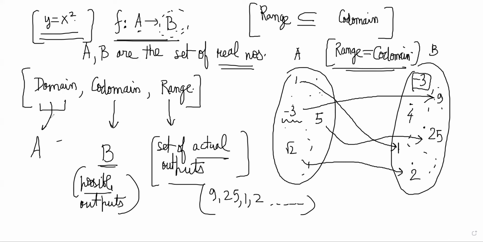Then we come to, suppose we have a question like this. I have made a table of values like this: 1, 2, 3, 4, 5, 6, and so on.